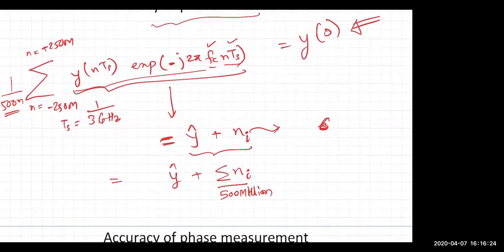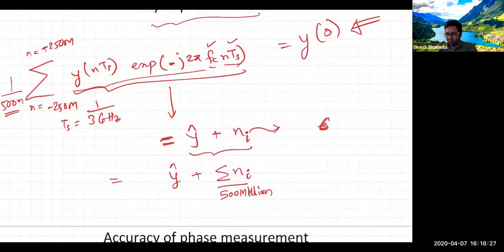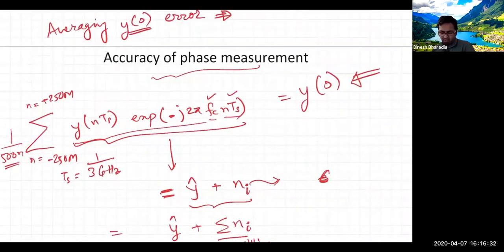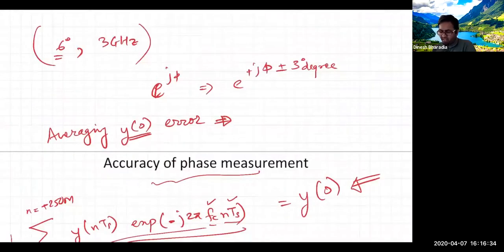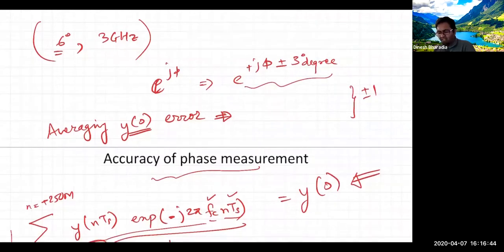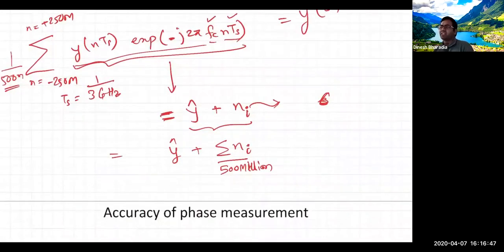Once you average all this, assuming your received signal has amplitude of plus minus 1 with an error of this, your accuracy will get to how much? Anyone want to take a guess? You essentially have error of e to the power j plus minus 3 degrees, and your variance will go down by 1 over 500 million of that.